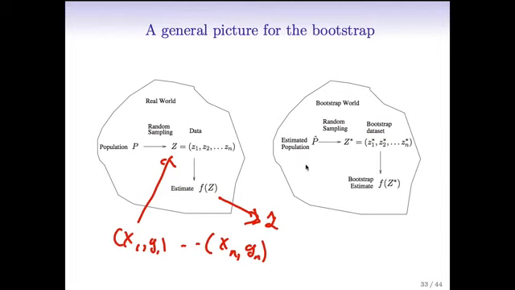So it says our guess for the population, which we don't have access to, but we have from a training sample, is if we have no more information, we're going to say with equal probability that a training point can come from the first point we saw, the second point we saw, up to the nth point we saw. So that's what we call P hat, the empirical distribution function. That's another name for that, empirical distribution function.